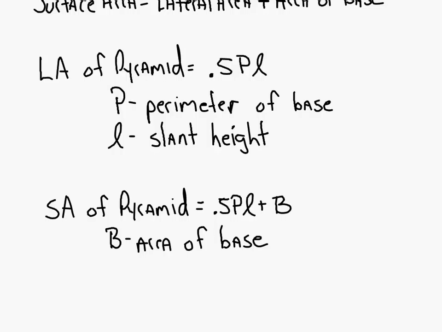The base could take on all kinds of shapes: triangle, square, rectangle, pentagon, hexagon. Depending on the shape of the base will determine the formula for your big letter B.